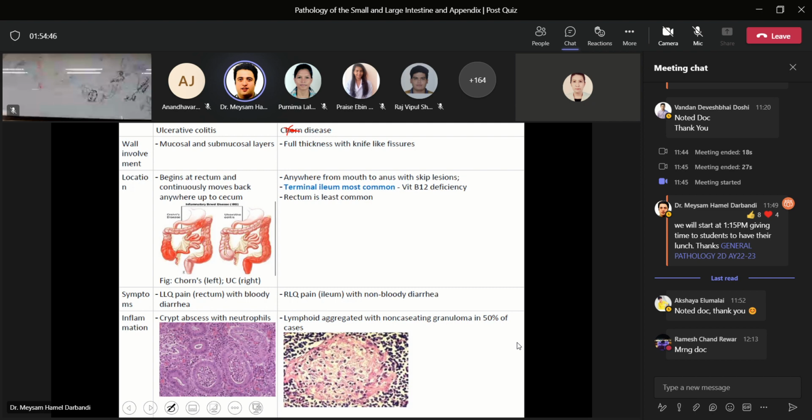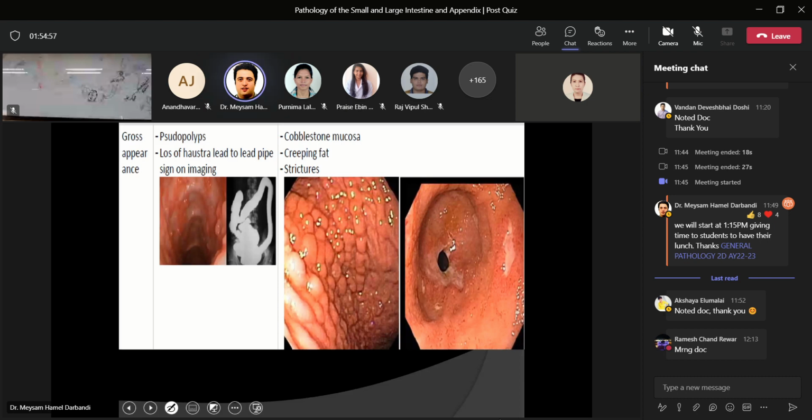How about in Crohn's disease? However, in Crohn's disease, lymphoid aggregates with non-caseating granuloma in 50% of cases. In the gross appearance, ulcerative colitis has pseudopolyps. And in Crohn's disease, creeping fat, stricture, right? We will go to the slides and see here.